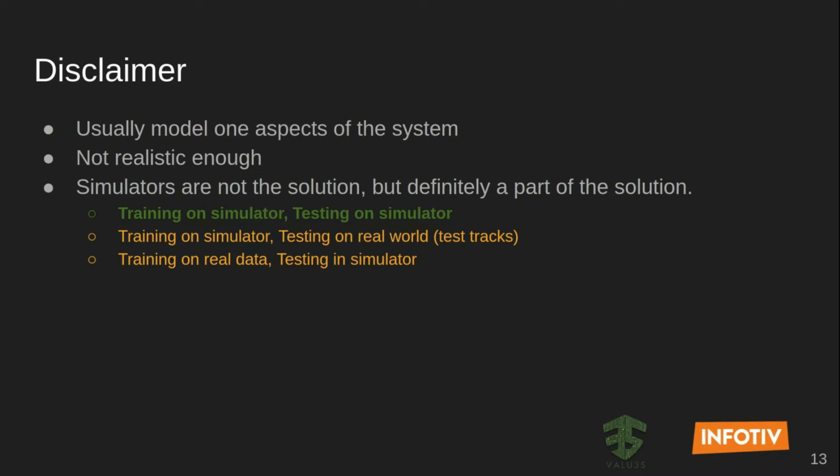But my take on this is that even though they cannot entirely replace the test track for testing in a real environment, they will gradually take over most of the responsibilities.